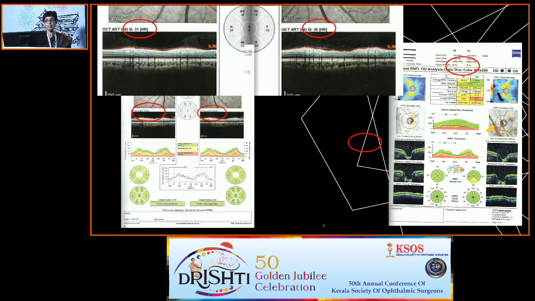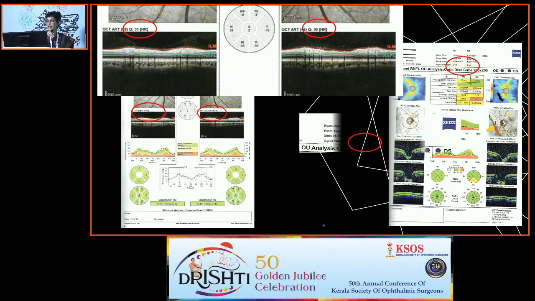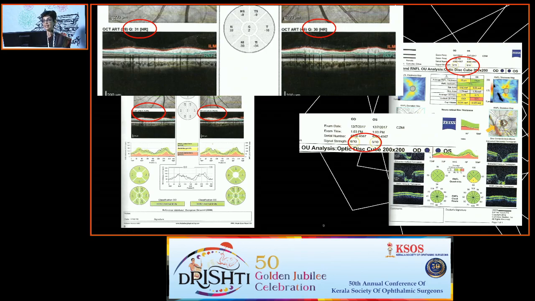This is the place where the signal strength is given. You can see that the signal strength is 31 in the printout in the right eye, and 30 for the left eye. And in the Cirrus printout, it is only 6 in the right eye, which is just adequate. For the left eye, it is 5, which is actually inadequate.